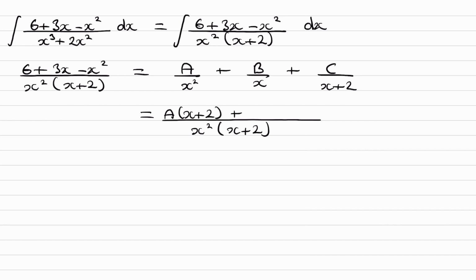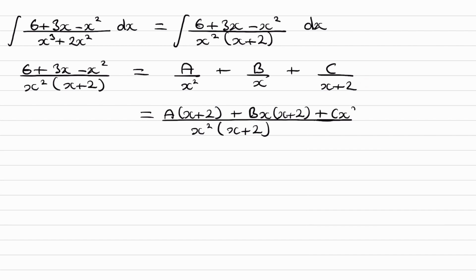For the b term, to get this as our denominator, we would have to multiply top and bottom of this fraction by x again, because we need to get x squared. So times it by x, and then also x plus 2. So b would then be multiplied, giving bx times x plus 2. And finally for c, what the denominator is missing is x squared. So we'd have to times top and bottom of this by x squared.